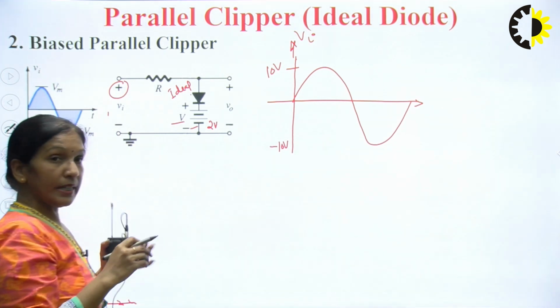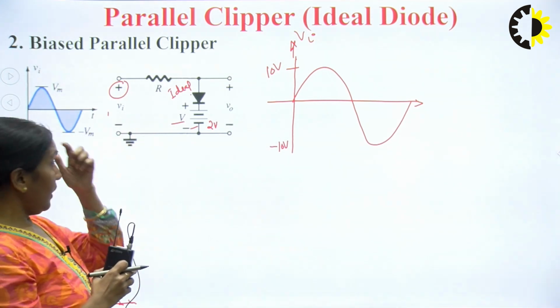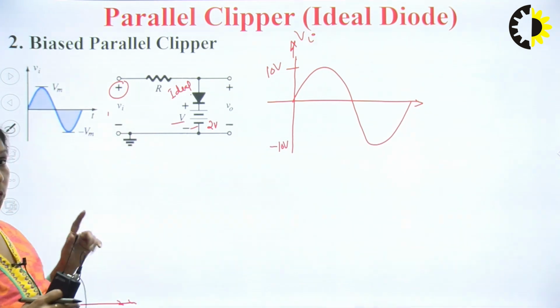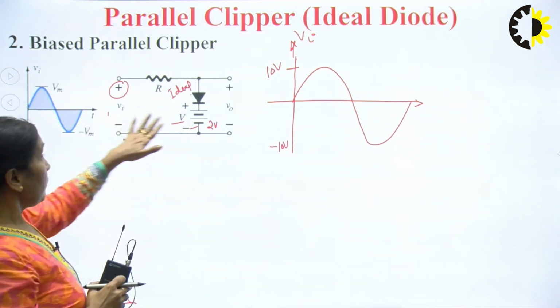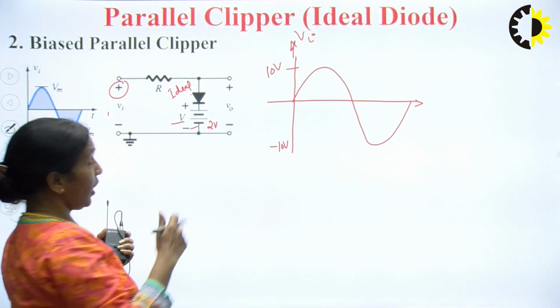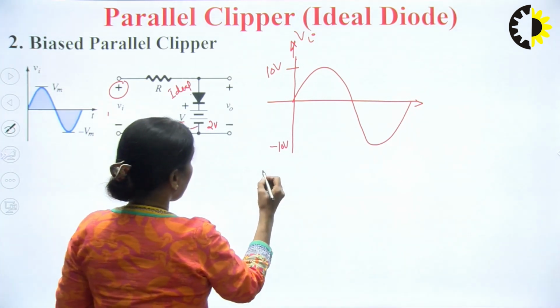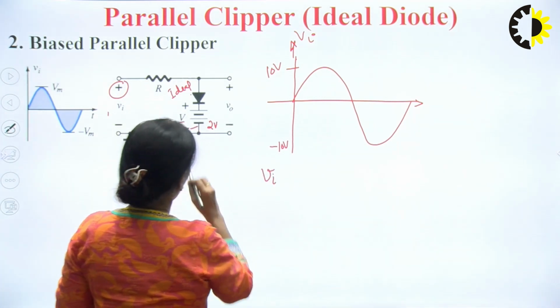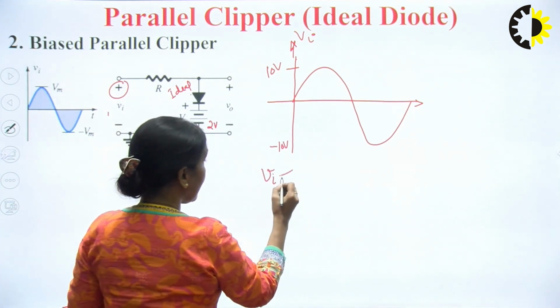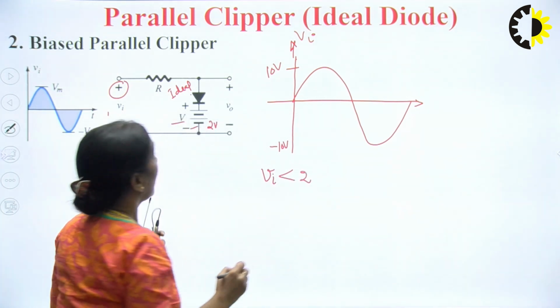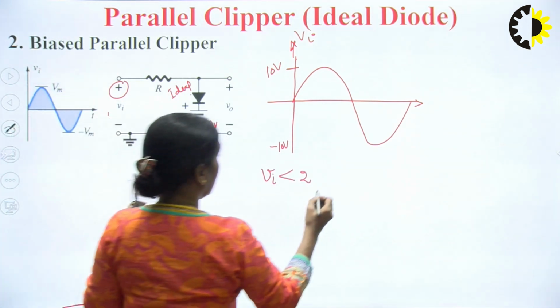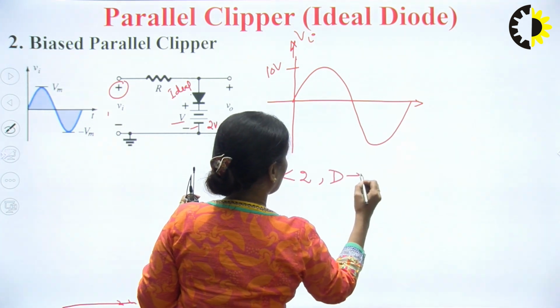So if your diode is an ideal diode, then up to 2 volts your diode will be in a reverse bias state. So when my Vi is less than 2 volts, then diode will be off.